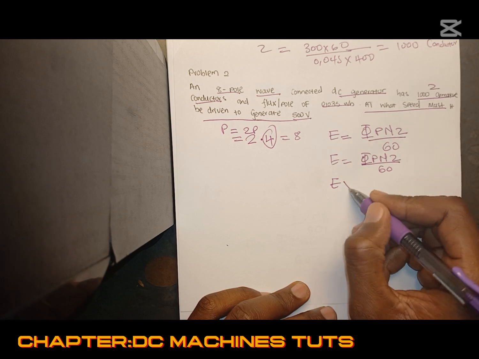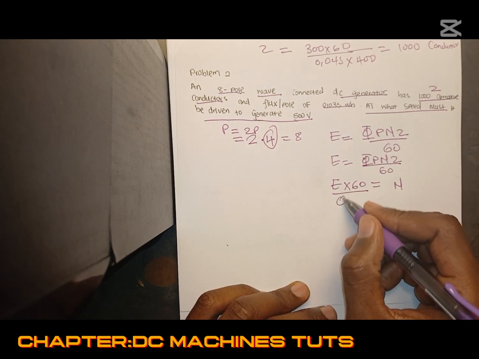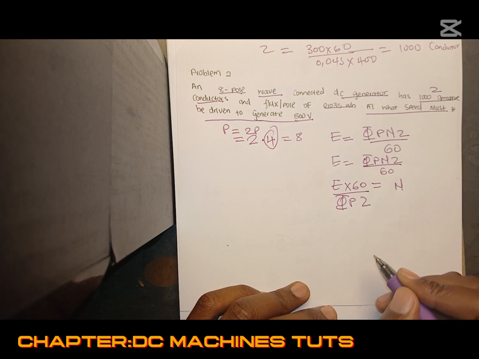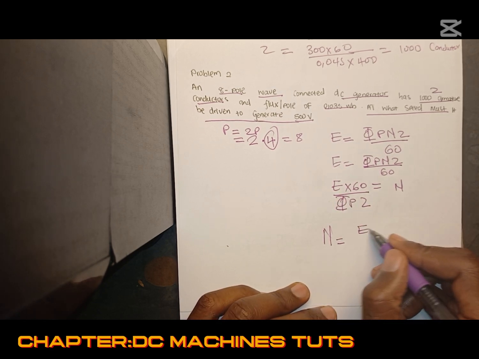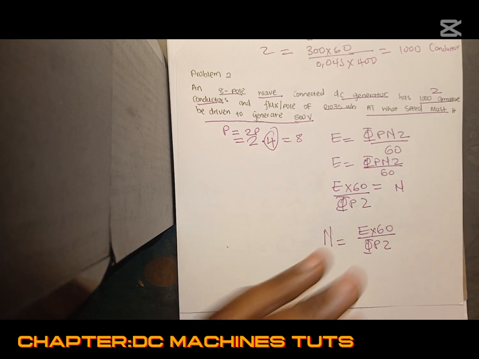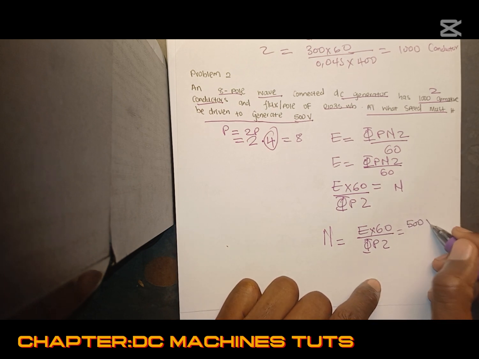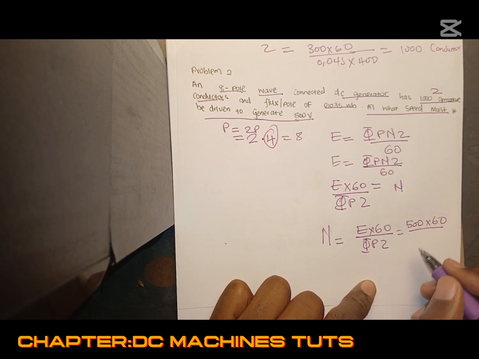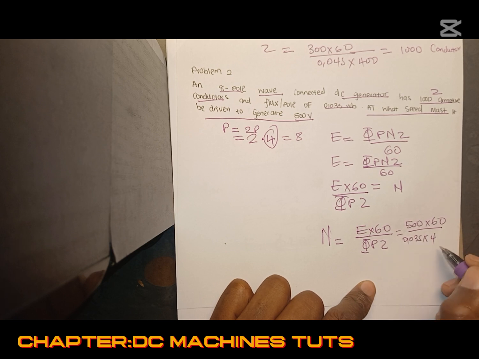So E multiplied by 60 is equal to N times flux P Z. So the speed is equal to E times 60 divided by flux P Z. I wanted to put it on my right hand side. Then you've got 500 EMF times 60 divided by 0.035 flux, then 4 as our number of poles times 1000 conductors.